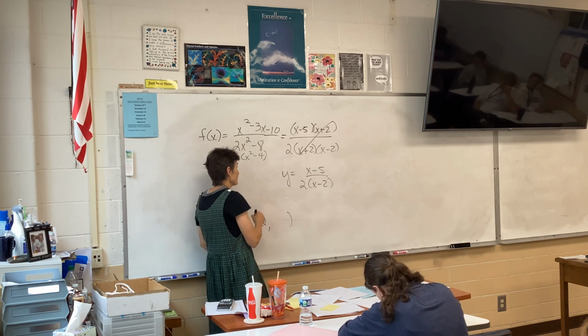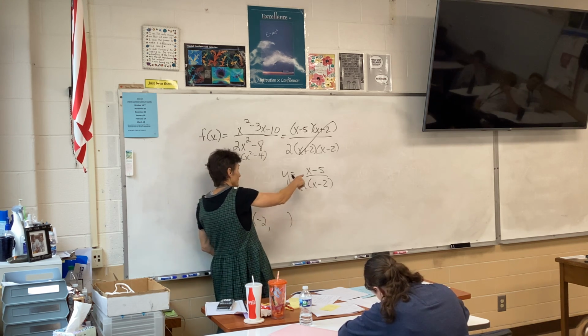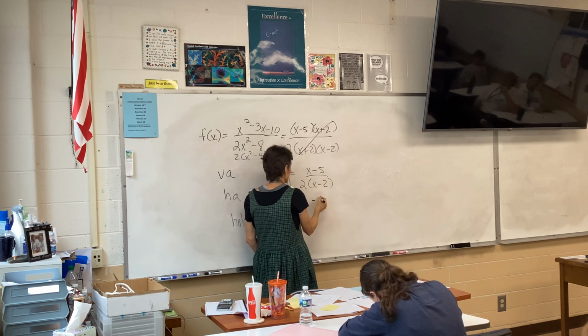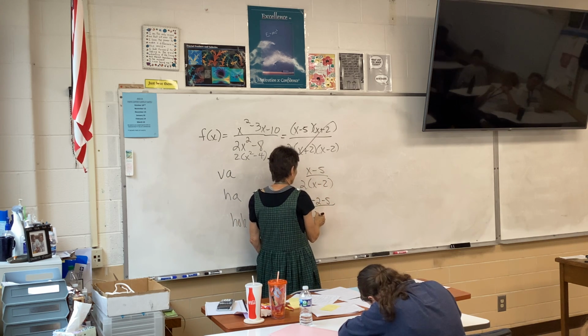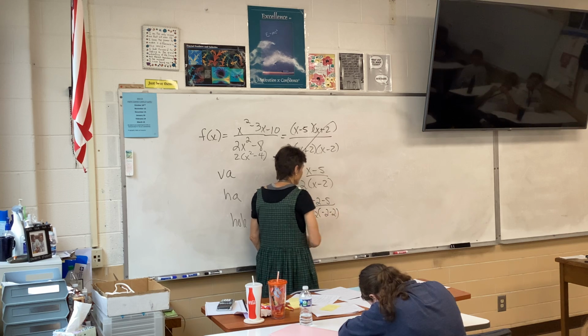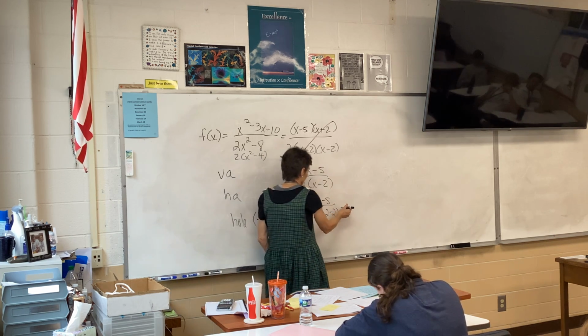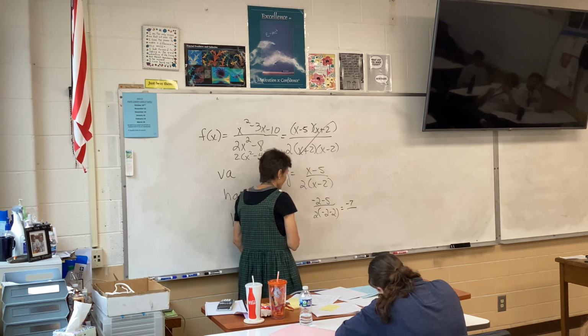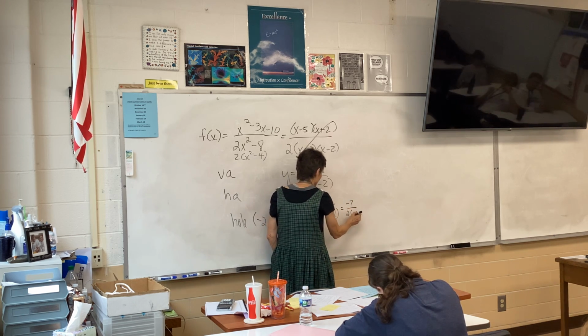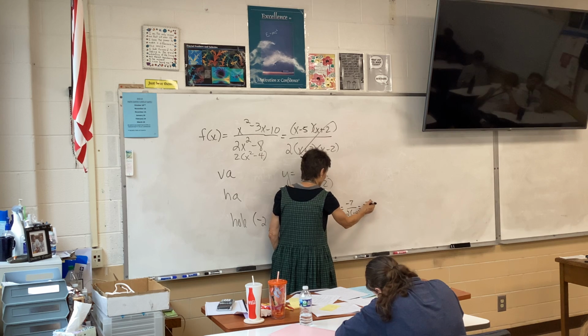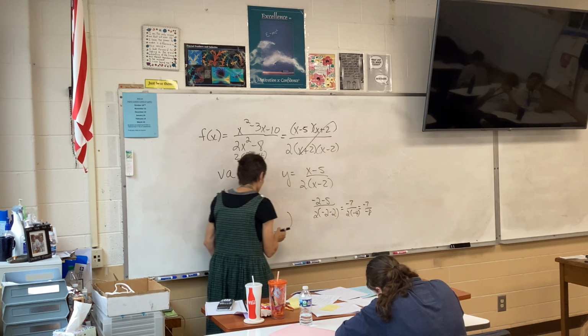All right, what do I do with my -2? Plug it into the equation right here. So -2 minus 5 over 2 times -2 minus 2. What have I got? Negative 7 over 2 times negative 4, a negative 8. Did you get 7/8?